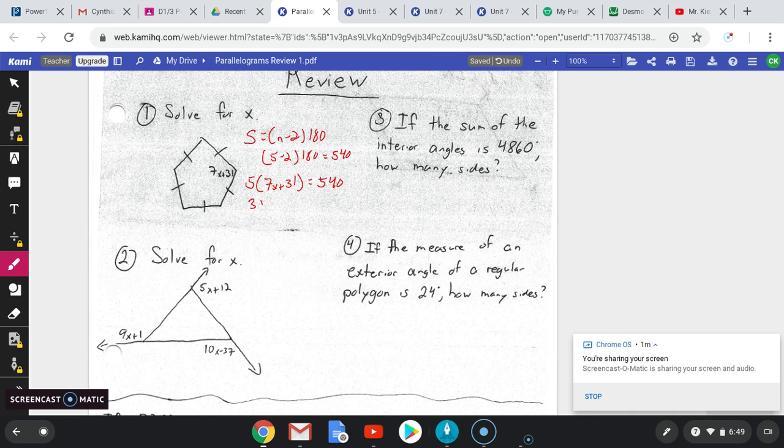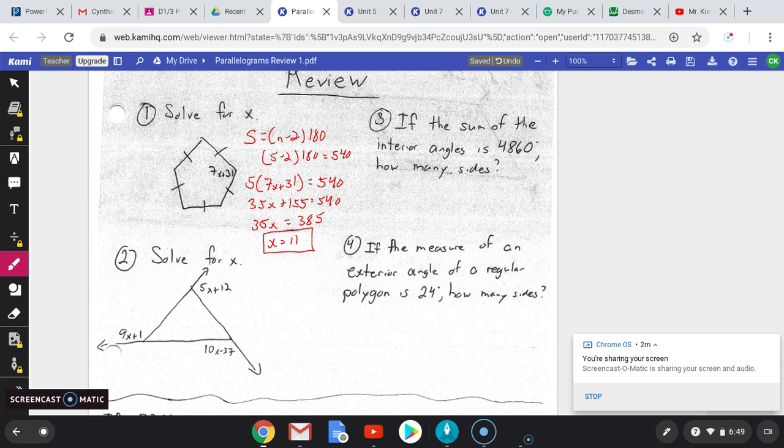Now I distribute: 35x plus 155 equals 540. I subtract 155 from both sides and get 385, then divide by 35, and I get x equals 11. And that's all the problem wants, so we're good.